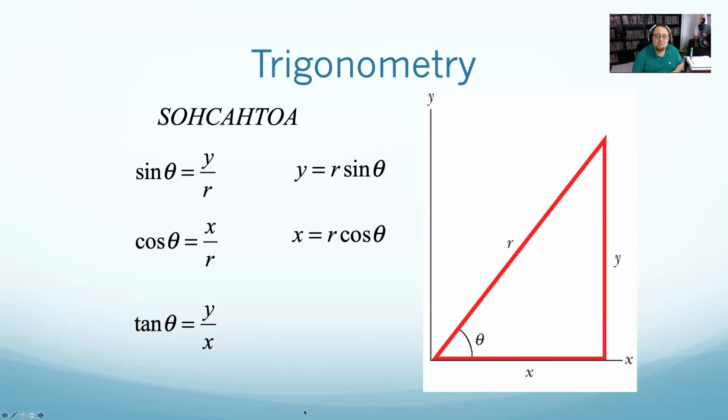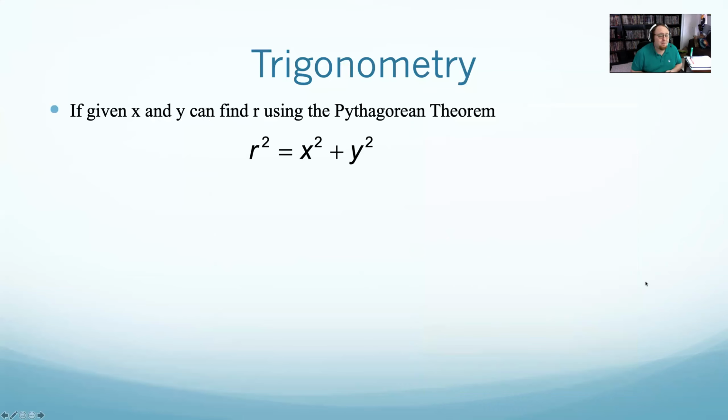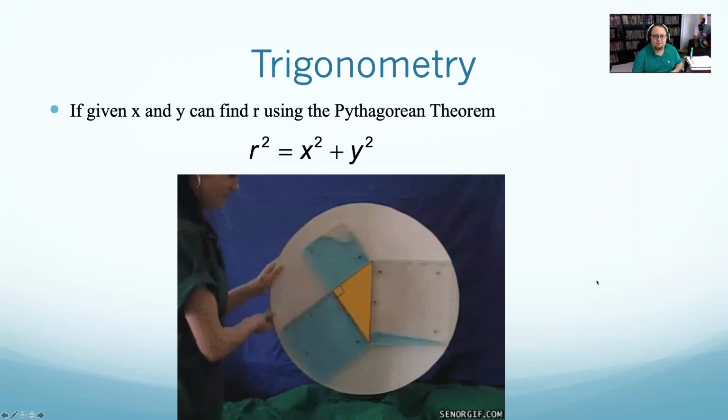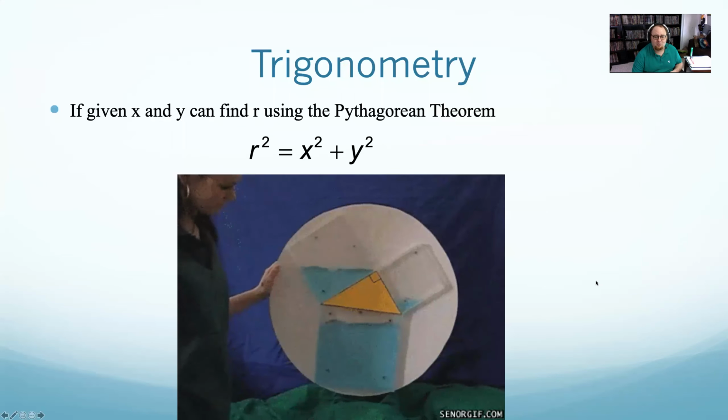To get all, we can use Pythagorean theorem. Now, you might be familiar with Pythagorean theorem as a squared plus b squared equals c squared, but in physics terms, we normally say all squared equals x squared plus y squared. And this GIF kind of shows explicitly that it works.